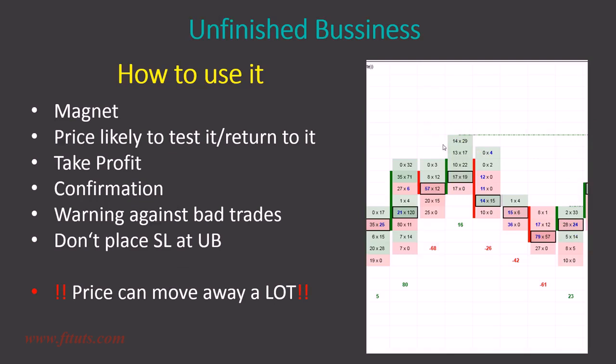It would trigger your stop loss. All right, so those are ways how you can use it. The main idea behind this, which you always need to keep in mind, is that unfinished business is a magnet. That's the most important thing you should always remember.